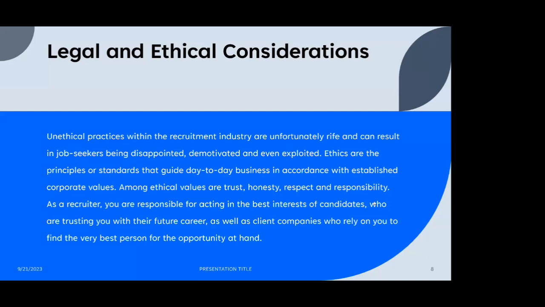So, what do I mean by ethical considerations? By ethical considerations, I mean that even if you will not choose an employee, for example, it is important that you tell them a yes or a no on the application.